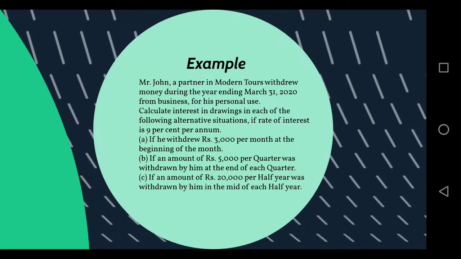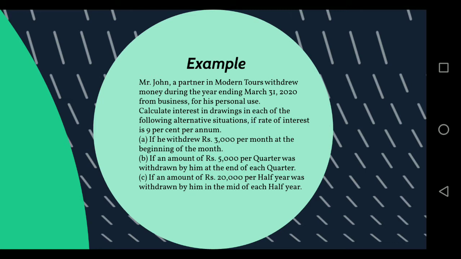We are given an example. Mr. John, a partner in Modern Tours, withdrew money during the year ended 31st March 2020 from the business for his personal use. Calculate interest on drawings in each of the following alternative situations if the rate of interest is 9% per annum. So the rate of interest is common, 9% per annum. You are given three different cases.